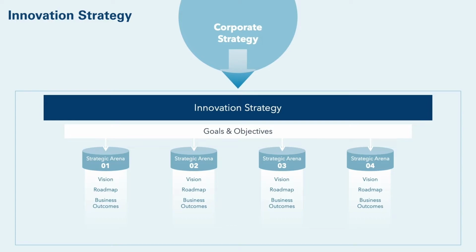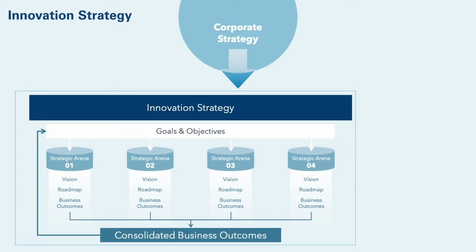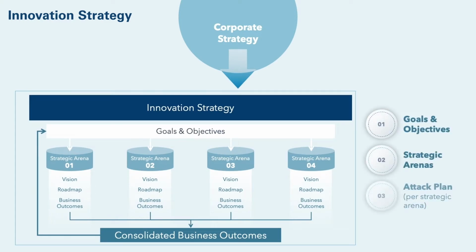Ultimately, all the strategic arena business outcomes are summed up and compared to the objectives to ensure that the strategy supports them. In this innovation strategy one-pager, its 3 components, namely the goals and objectives, the strategic arenas, as well as the attack plan, are clearly outlined.